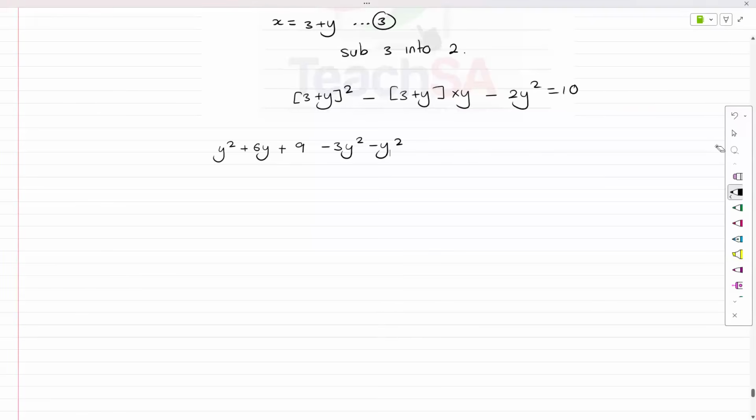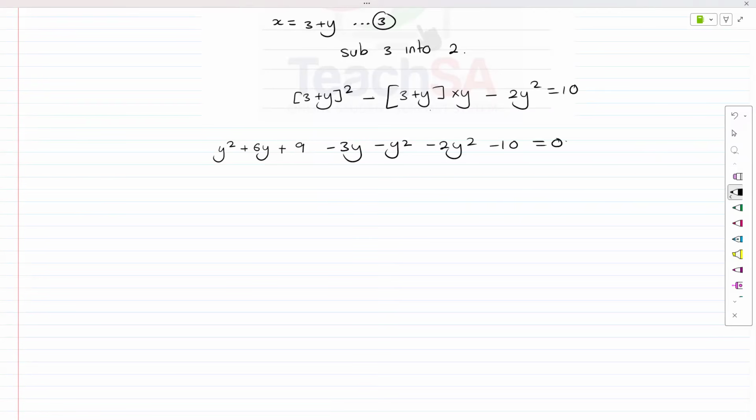This is minus 3y, right? I'm trying to do it quicker. Minus 3 multiplied by y is minus 3y. Minus y multiplied by y is minus y squared. That's minus 2y squared, and that's minus 10 equals 0.